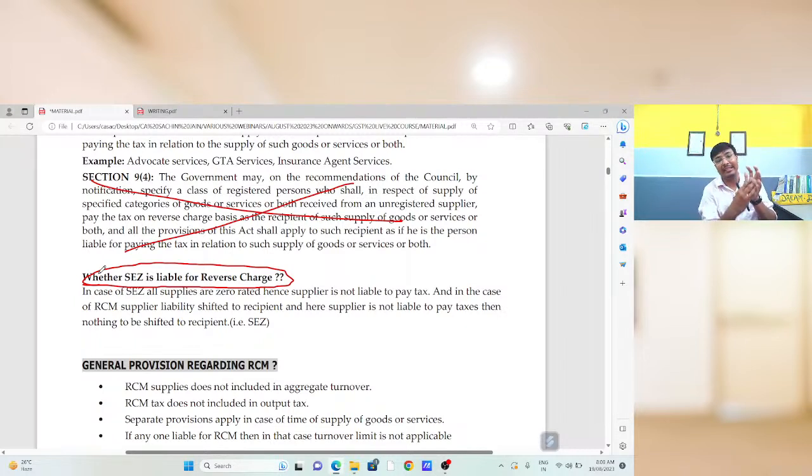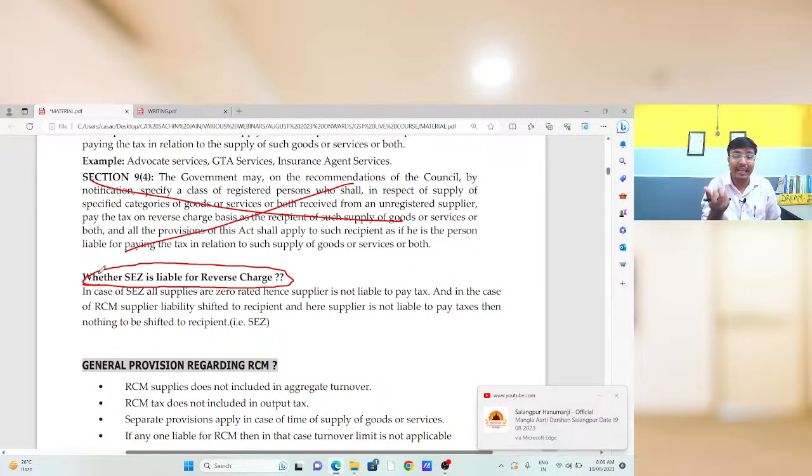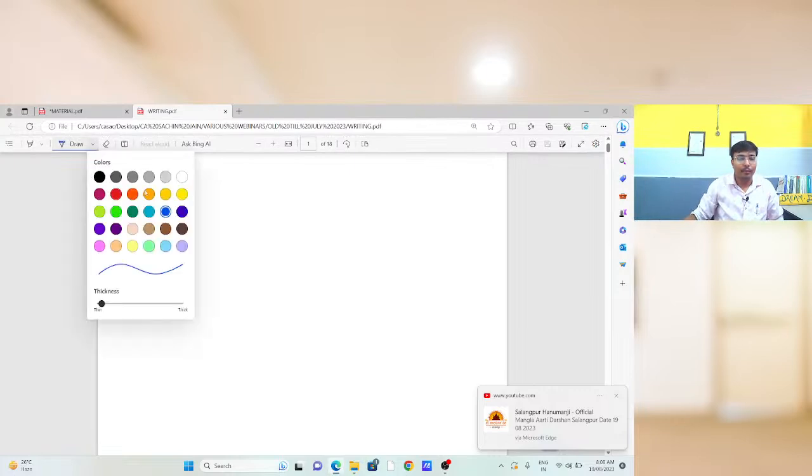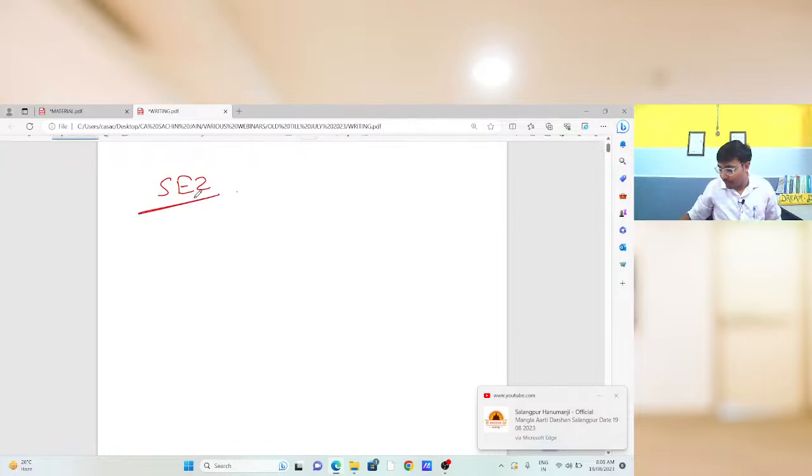On the basis of the quantum of the transactions, the government decides certain specific places as a special economic zone or special economic developer. So in case of an SEZ unit or SEZ developer, there are certain specific provisions.